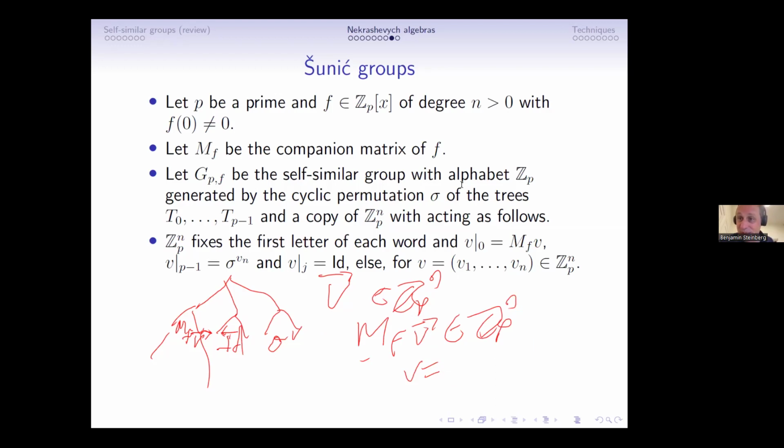I act as sigma to the last component, where my vector v looks like this. If you multiply MF times v, I get a new vector, which is an element of my group. So that's my section. That's what the cocycle does.